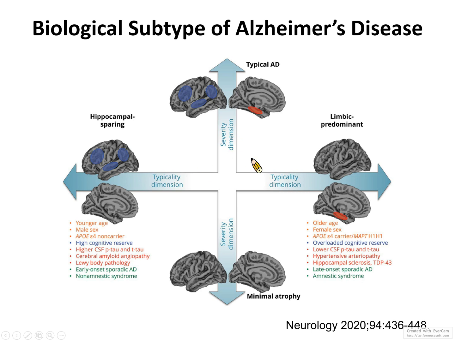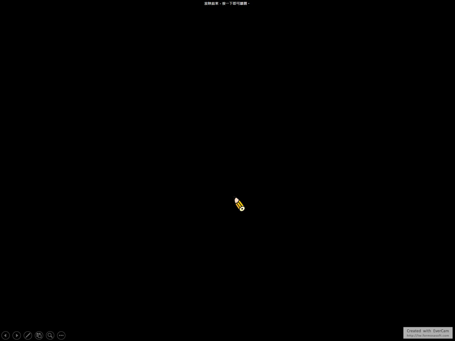So I would say that these classifications are not final, and probably we should include more biological information to define these subtypes more clearly. So that is just for your information, that's why there is a need for clustering analysis of Alzheimer's disease.